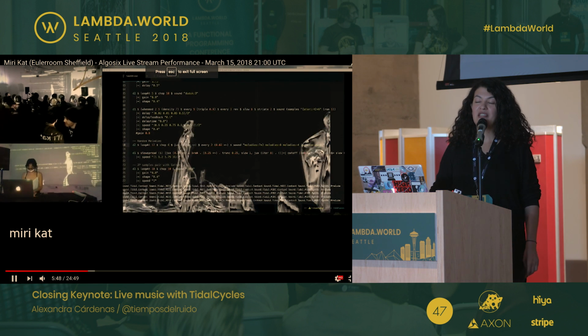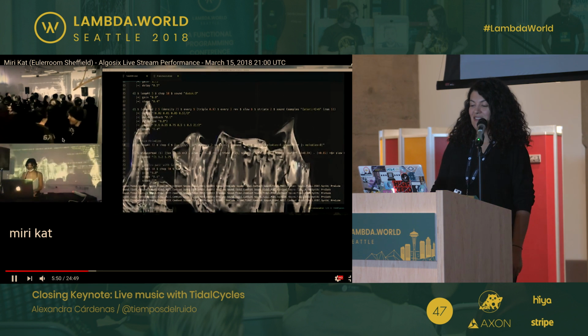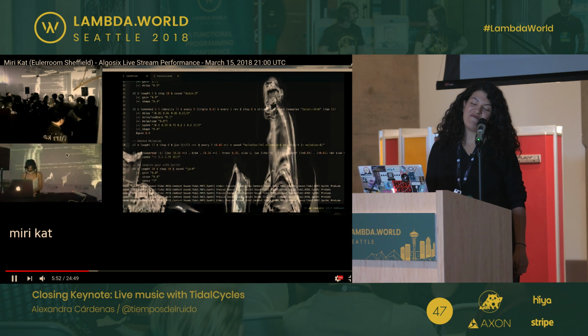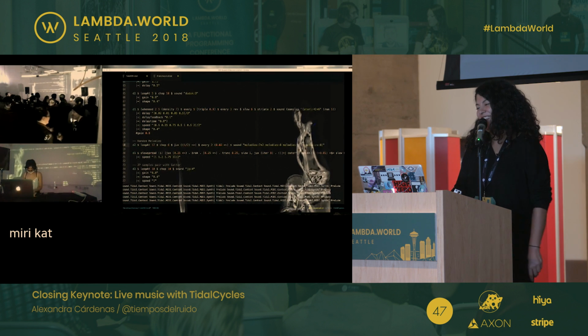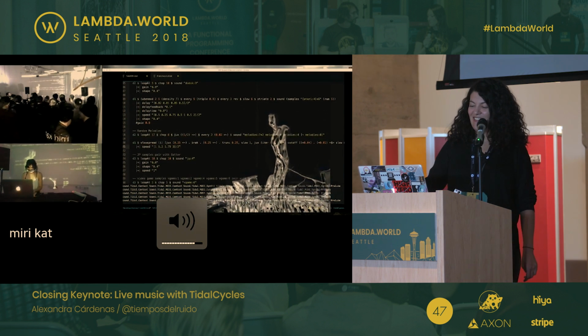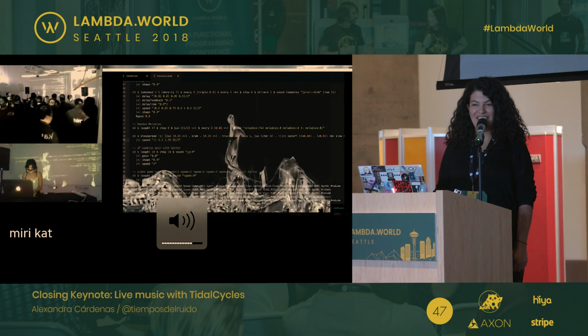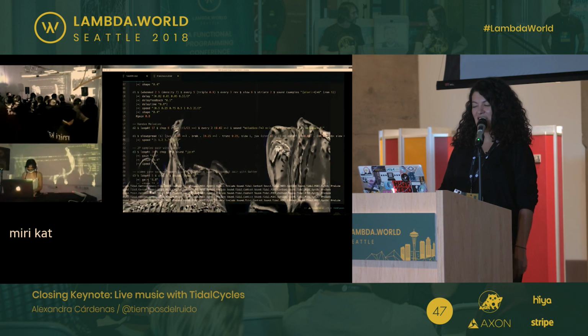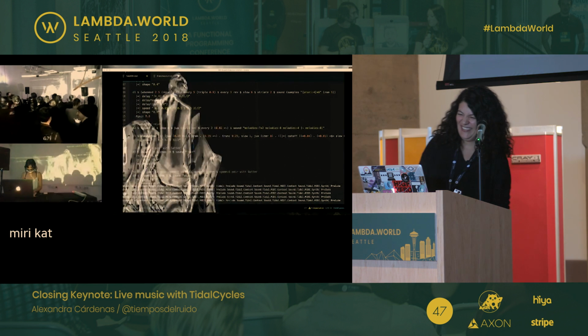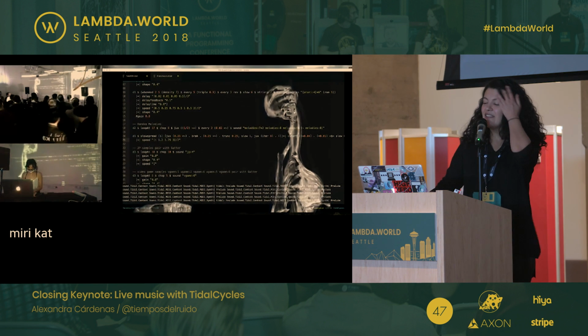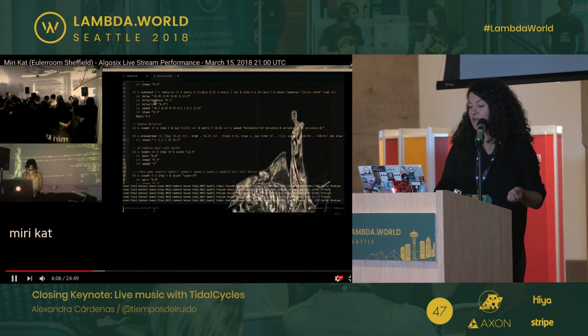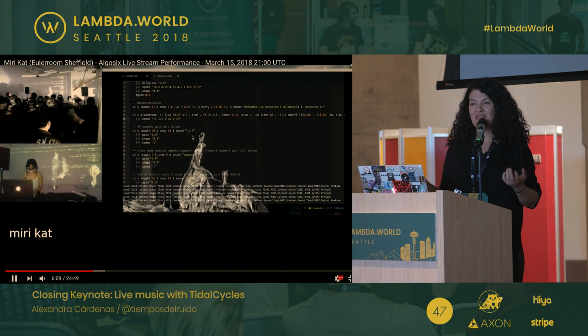So this is normally what an Algorave looks like. A bunch of guys who love computers and music get together and we try to dance to very weird music that is not like the music we're used to in a club. But it's so beautiful to see how everybody writes their own algorithms in a different way.